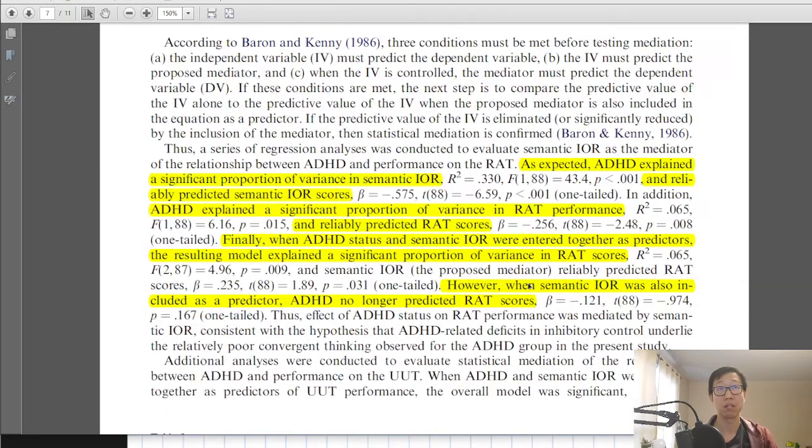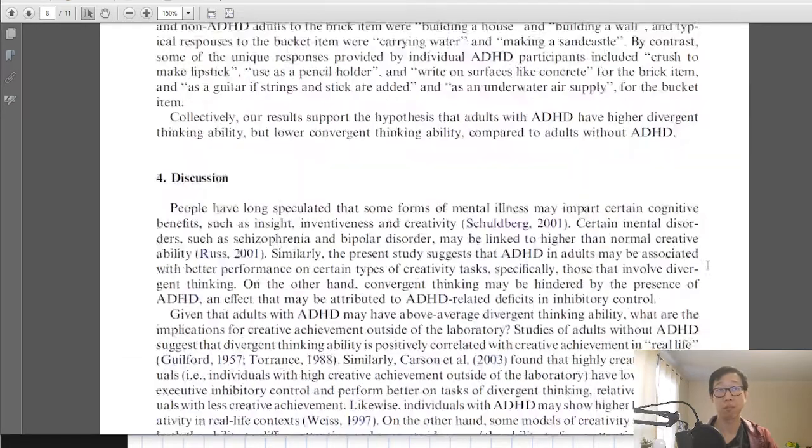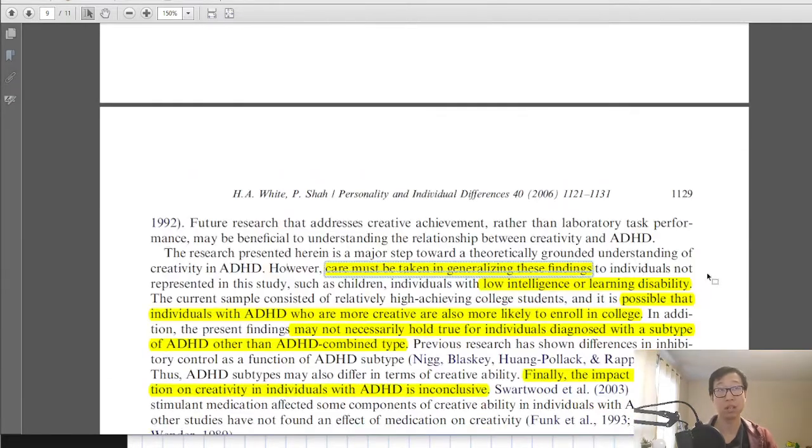It feels reproducible in the sense that I could see myself designing a similar study and going through the same steps. Of course, these results don't include individuals with low intelligence or learning disabilities.